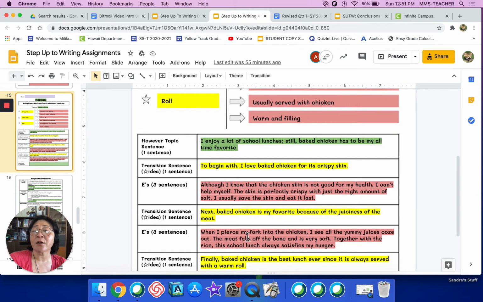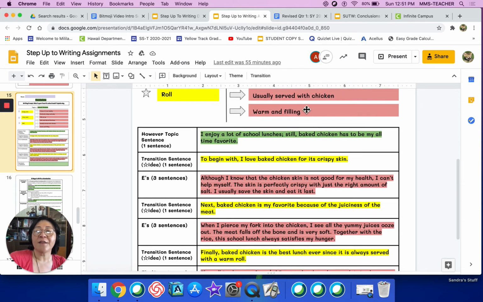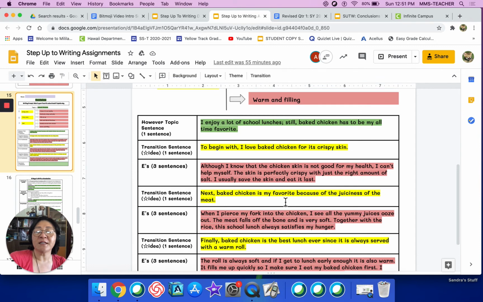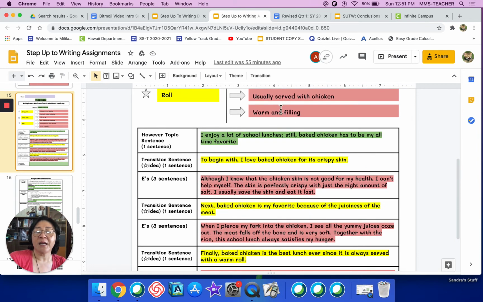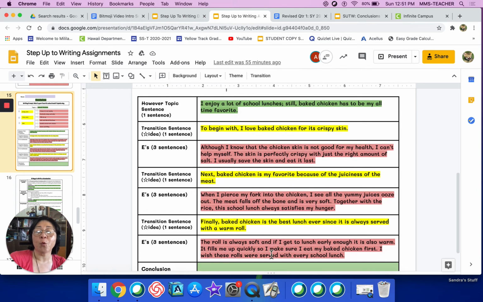Okay, the last star idea is going to be about a roll. And here it is. Finally, baked chicken is the best lunch ever since it is always served with a warm roll. The transition word is finally, and then we have that star idea roll. So we've turned this star idea into this sentence. Okay, and then there are going to be 3 sentences made out of these 2 E's that support the roll.